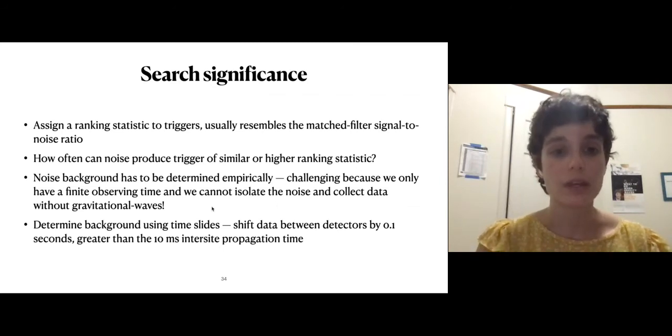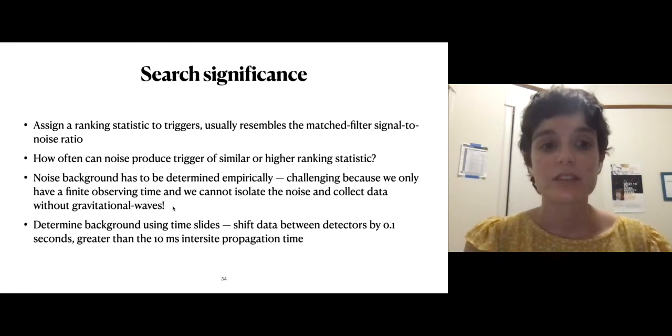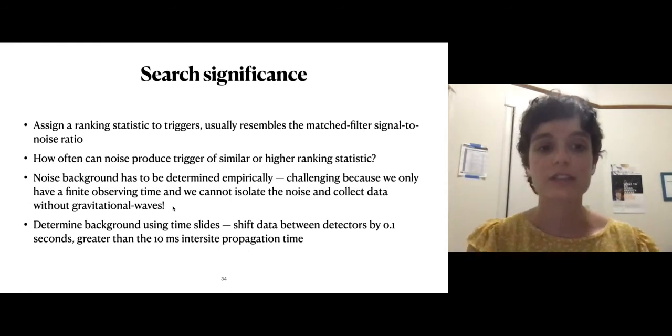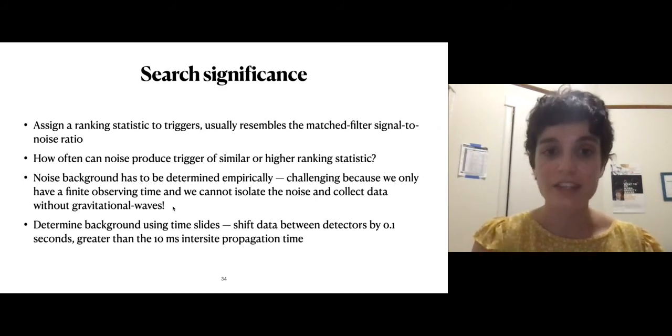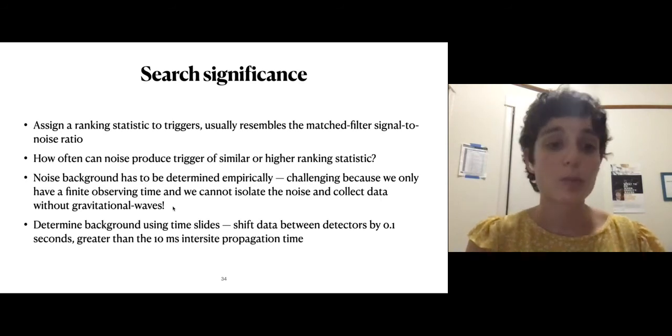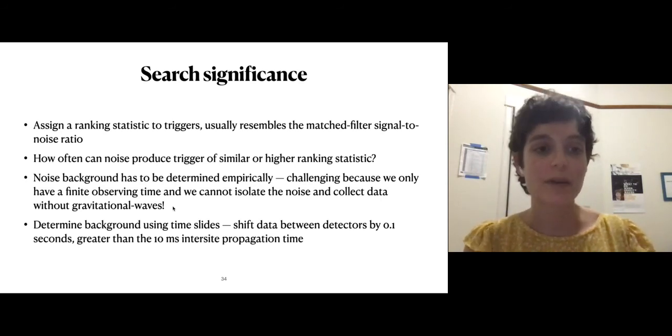We have to determine the noise background empirically. And this is challenging because we can't turn off the universe, turn off gravitational waves, and collect just noise. And furthermore, we only have a finite observing time.